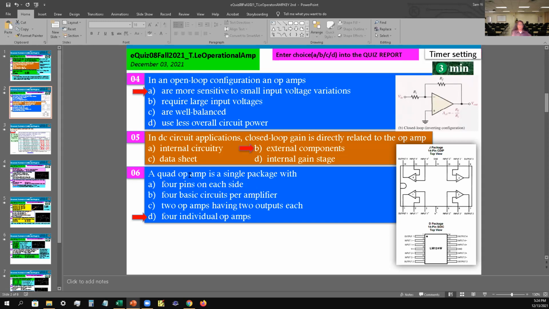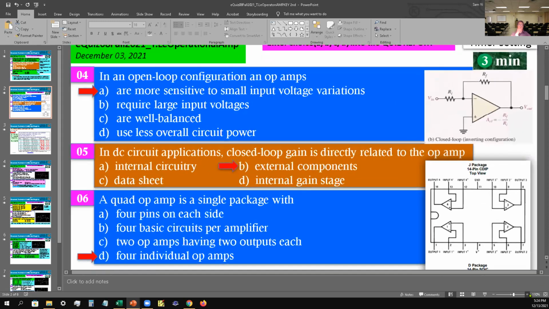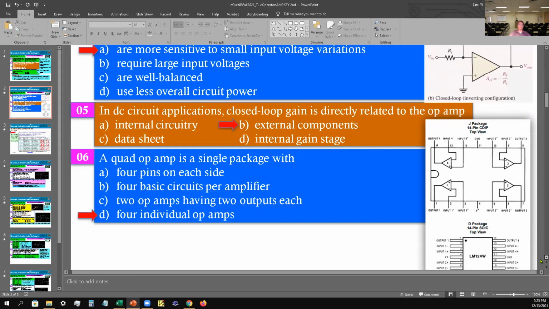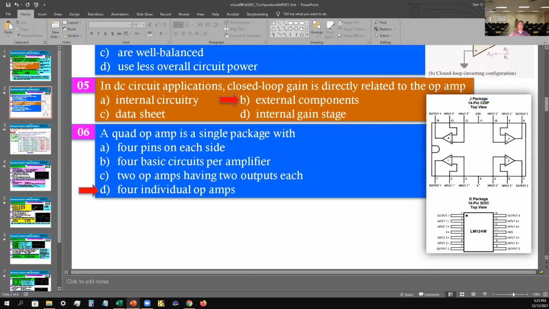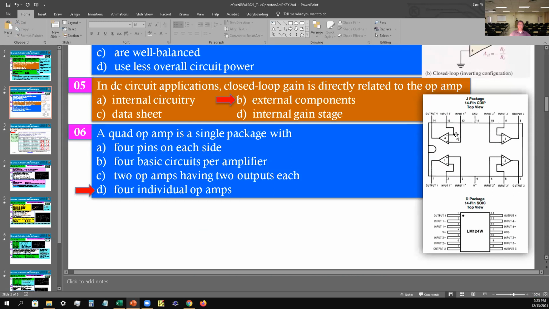Number 6, a quad op-amp is in single packet with, now this one, yeah, we haven't covered in class yet, but you have an op-amp like this here. So it's packaged, so you got op-amp number 1, 2, 3, and 4. So the answer is D as in David for number 6.